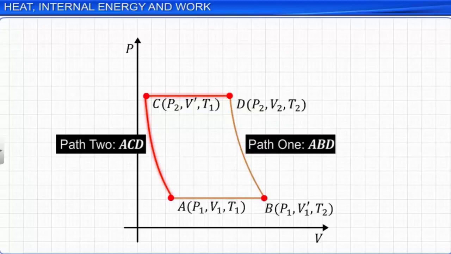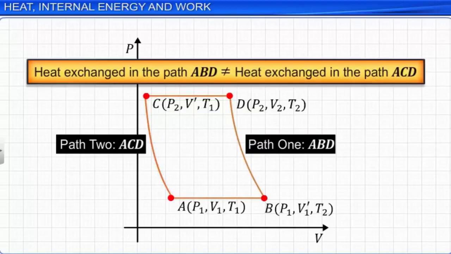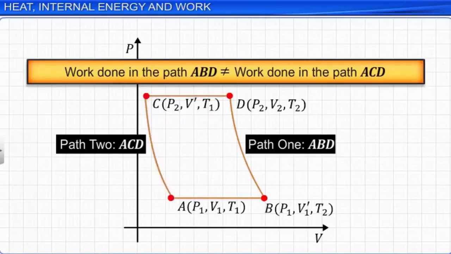Heat exchanged by the system in taking it from A to B and then from B to D is different from the heat exchanged in taking it from A to C and then from C to D. Even the work done by the system in taking it from A to D through ABD is different from the work done when taking it through ACD.